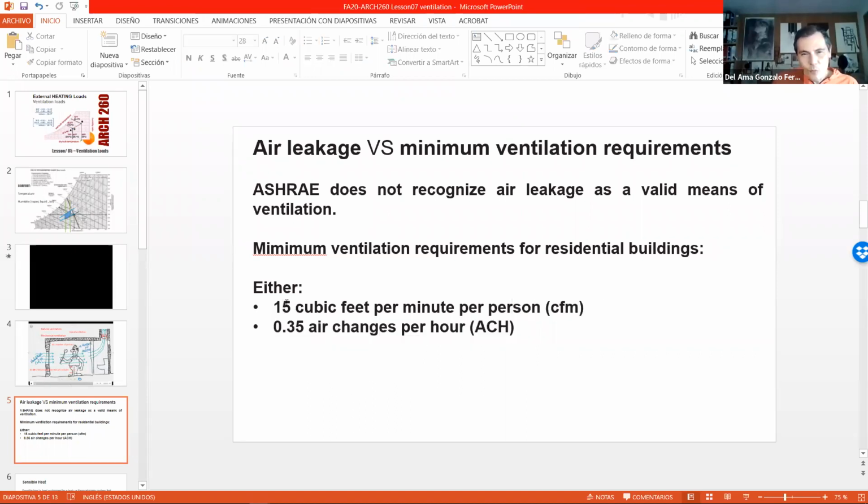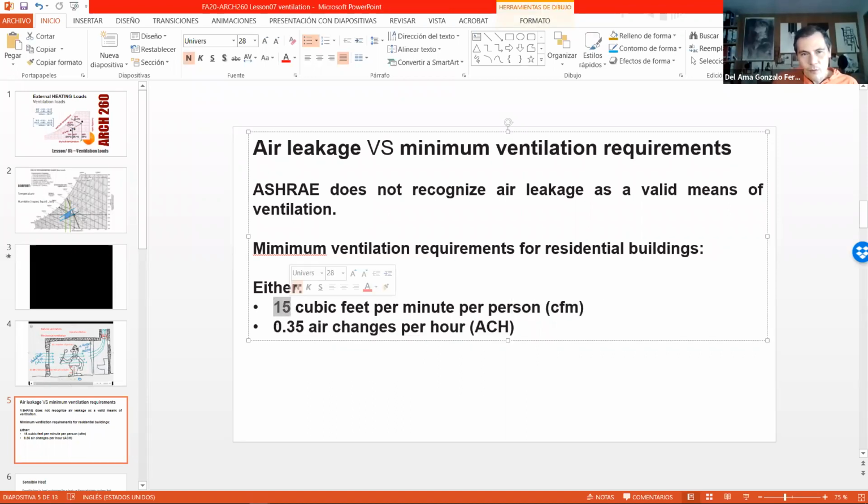Sometimes we might find this requirement or that requirement, and we need to understand this. Air changes means that this is the volume, so we have to change all that air. This is one air change.